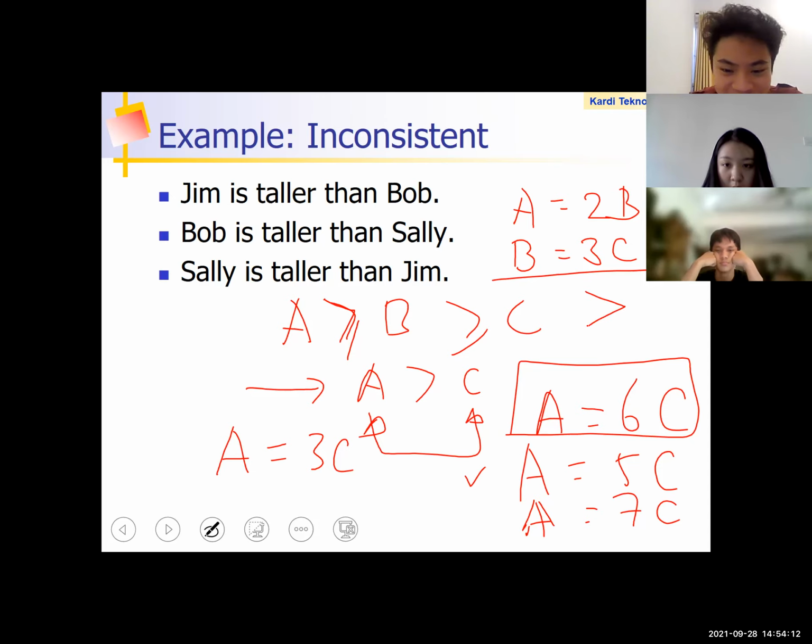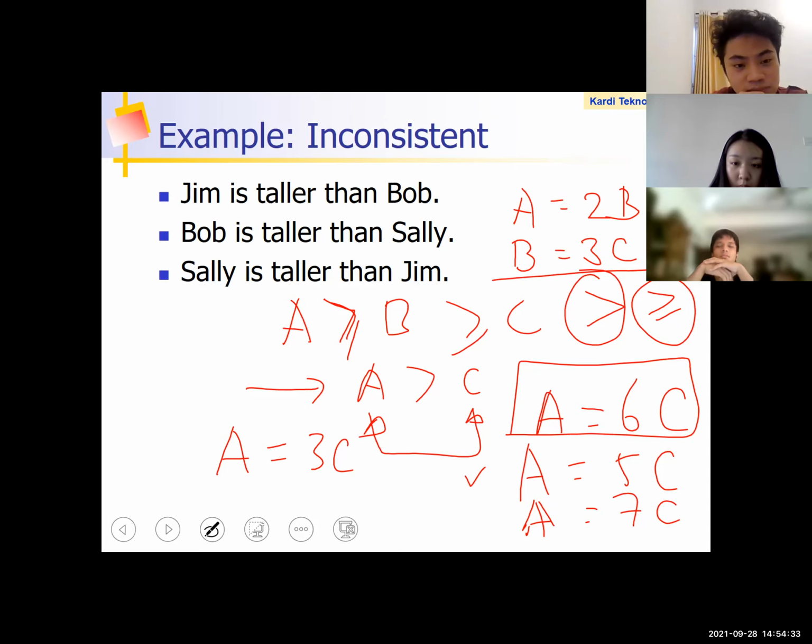When we put larger than, or larger than or equal, this is called strict, and this is called not strict because equal is included. In order, sometimes we have strict order or not strict order. So in this case, if it is strict, yes, it is inconsistent. But if it is not strict, they are still okay.